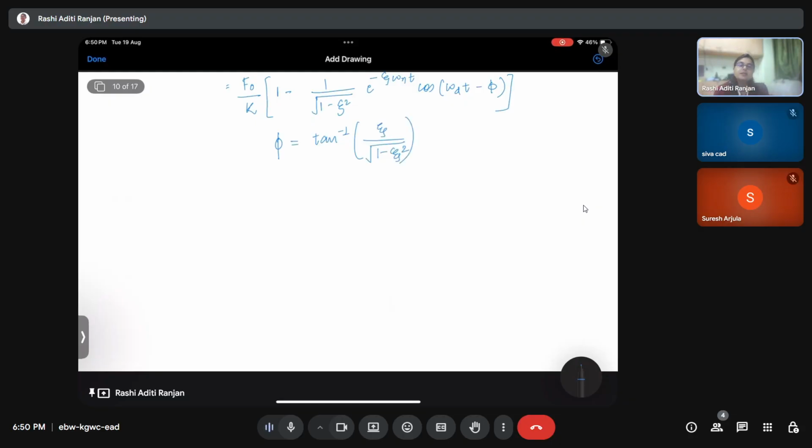Okay, so this is the solution if a constant force of magnitude F is applied to a spring mass dashpot system with respect to time.